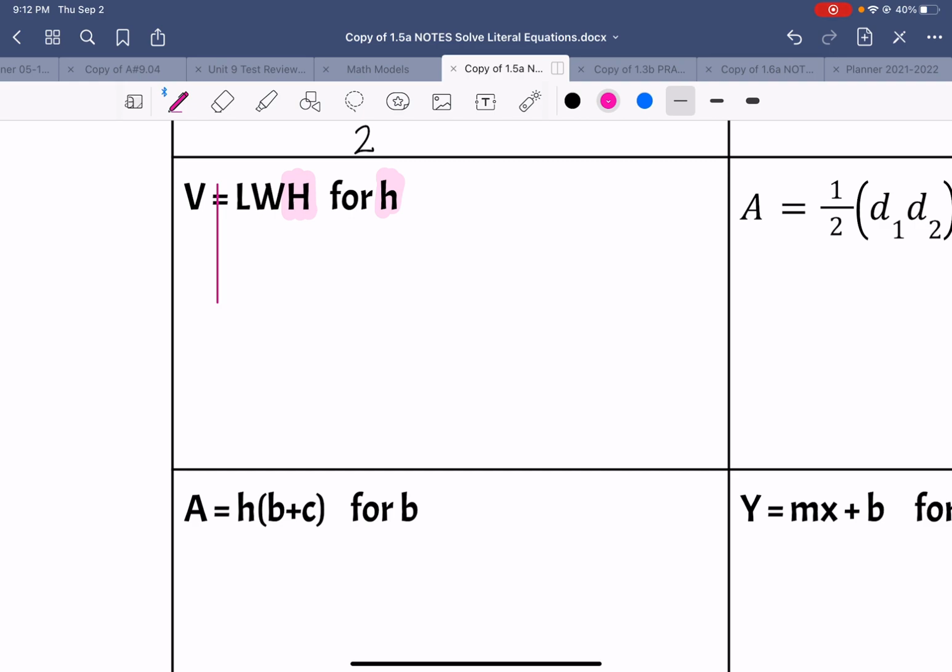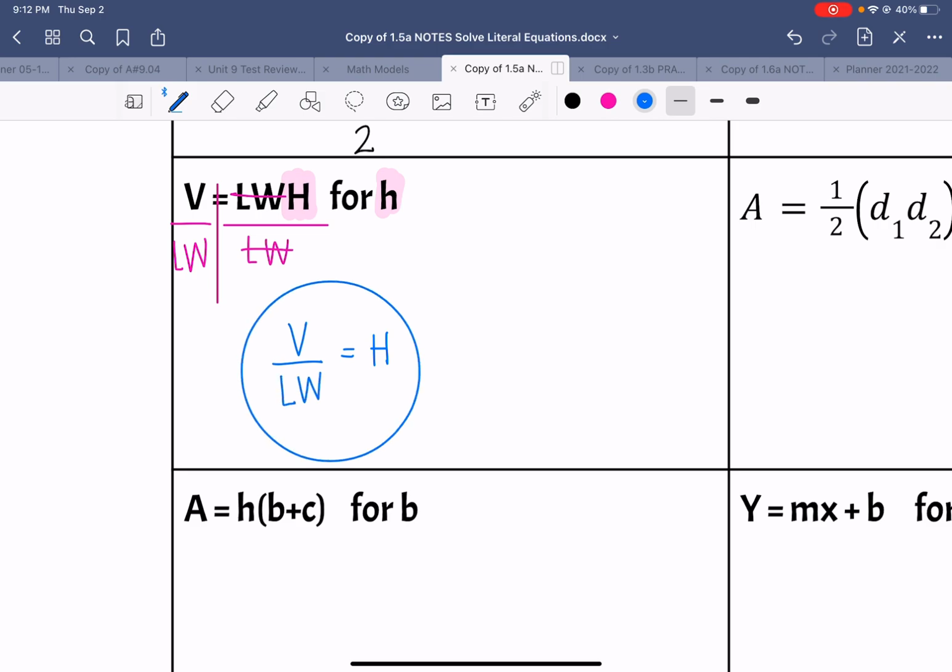So when everything is being multiplied, we can undo it by dividing by everything we don't need. So we don't need the L and we don't need the W. So what you do on one side, you must do to the other. So I'm left with H equals V divided by L times W. So anytime everything is multiplying, you just divide off what you don't need.